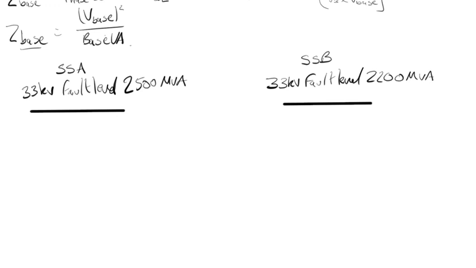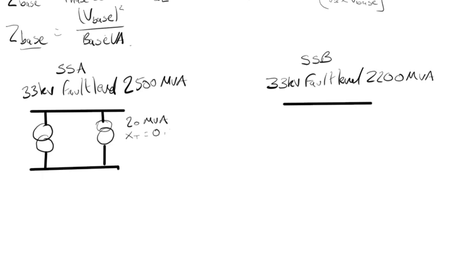Then you have two transformers on this one. Each transformer is 20 MVA. XT, the transformer's reactance, is 0.05 pu, so pu values might be already given. Sometimes they do this for transformers.